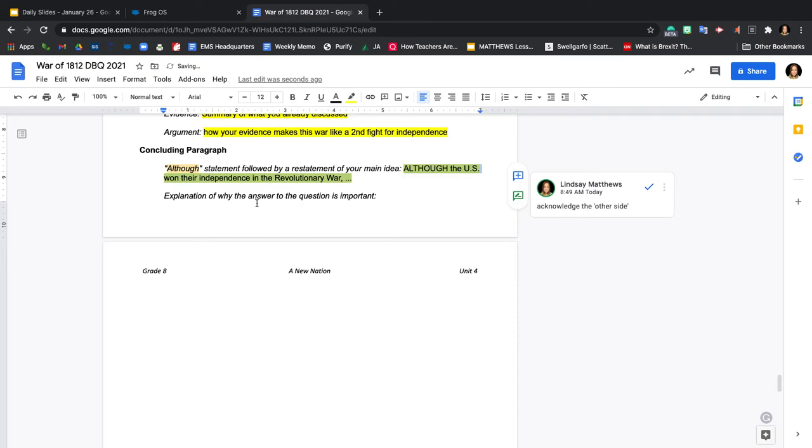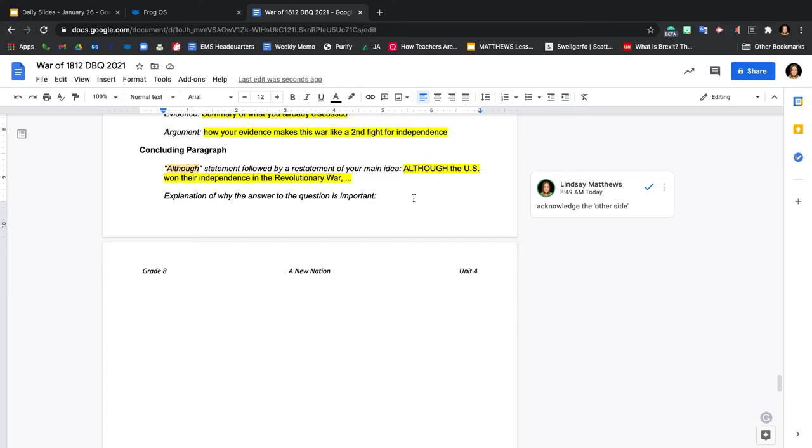And then to wrap up this essay, you need to address why this matters. What did this mean for our country? What did this mean for U.S. history? What did it prove? We talked a little bit about how this was the first real time America had stood up to basically what equates to bullies. It's the first time they kind of stood their ground.